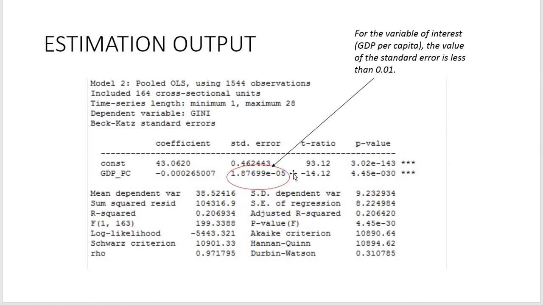So when it comes to standard errors, they are always displayed in the table with estimation output. For instance, for our variable of interest, GDP per capita, the value of standard error is 0.01. What I'd like to mention is that there is no commonly accepted rule on the value of standard error.